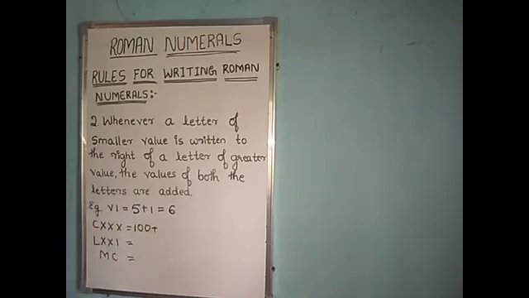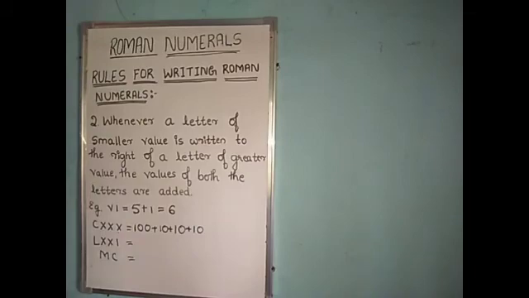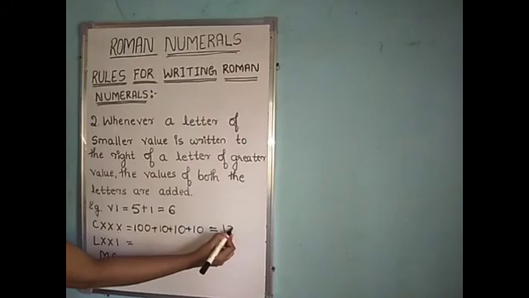And what is the numeric value of X? It is 10. Here we can apply the first rule. How many times is X repeated? 3 times. So we have to add the numeric value of X 3 times. 10 plus 10 plus 10 is equal to 130.